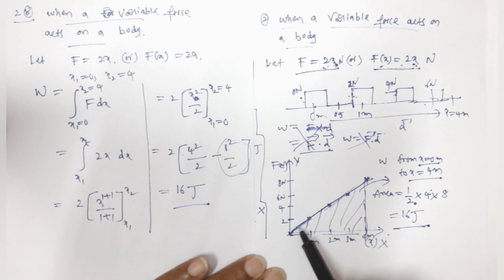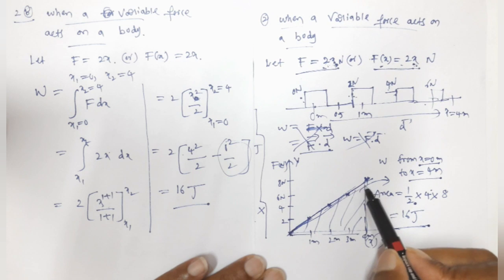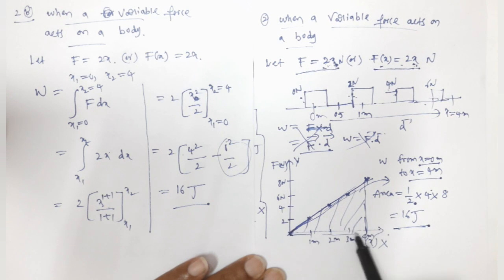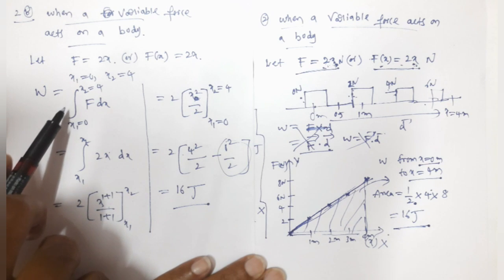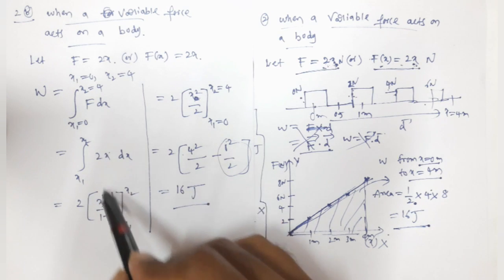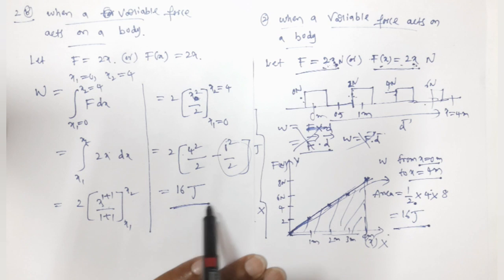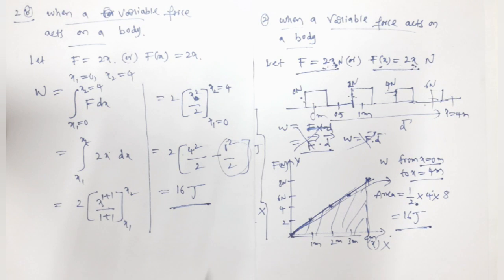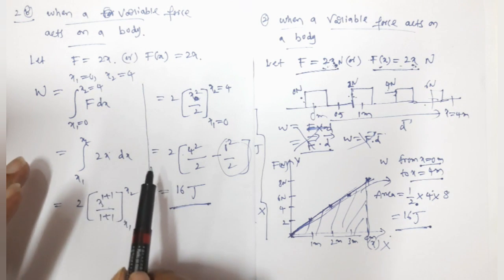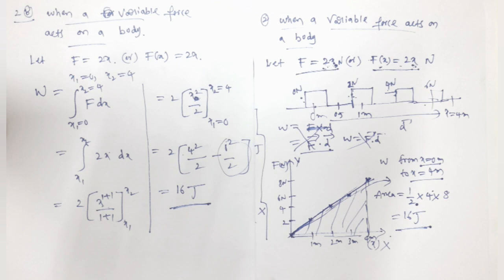Here we got a straight line, so we could find the area because it's a triangle. But by using this integration method also, by using the formula, we get the same value, 16 joules. I just want to tell you that these equations are correct. By using the equations or by finding the area, in both cases we get the same value.